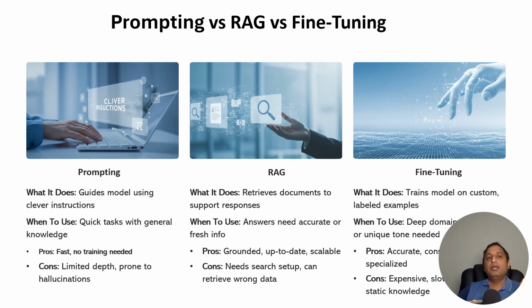It is also very technically complex to build the vector databases, embedding, and retrieval logic, and all of that has to work together. So by chance, if a wrong document is retrieved, the model's answer might still be off.